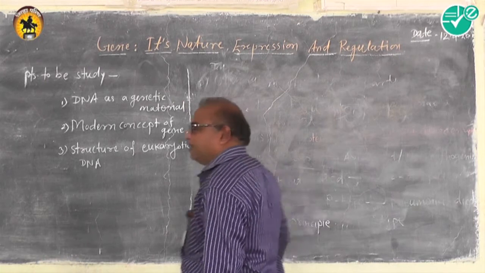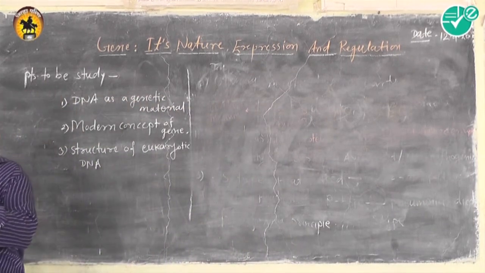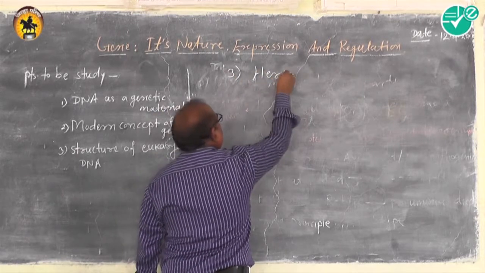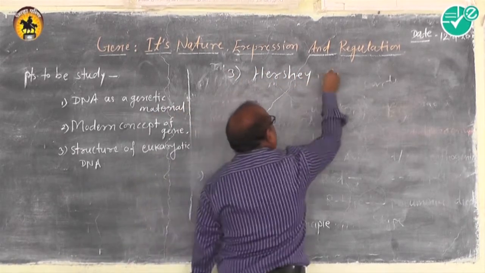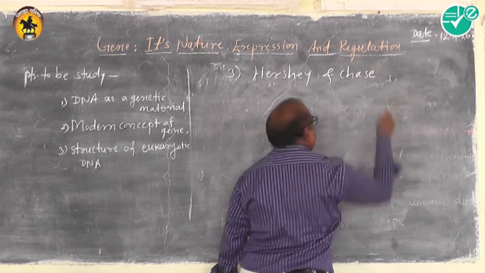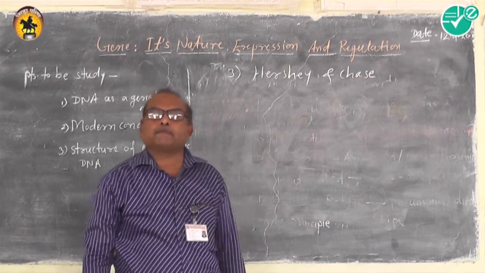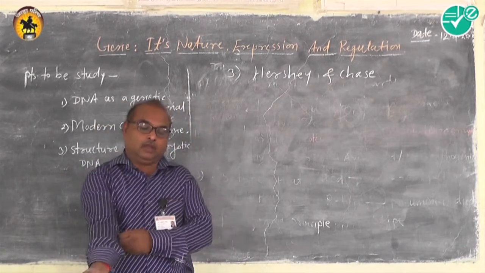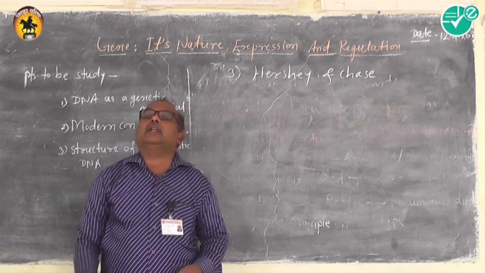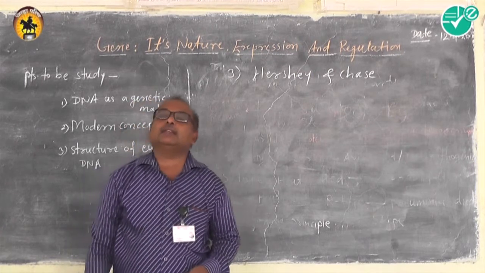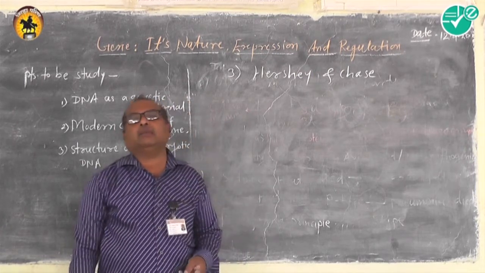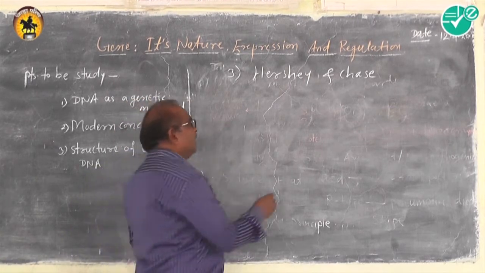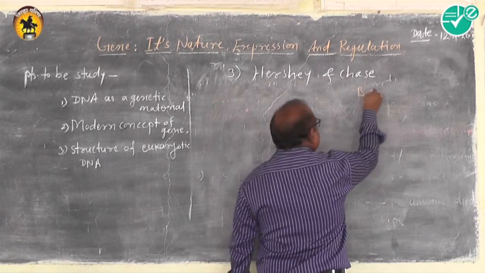The third experiment was made by Hershey and Chase. These two scientists were studying viruses, those viruses that infect bacteria, which are said to be bacteriophages.